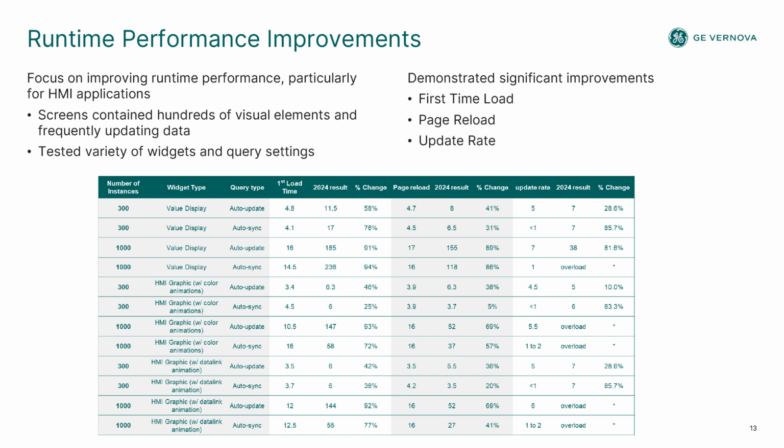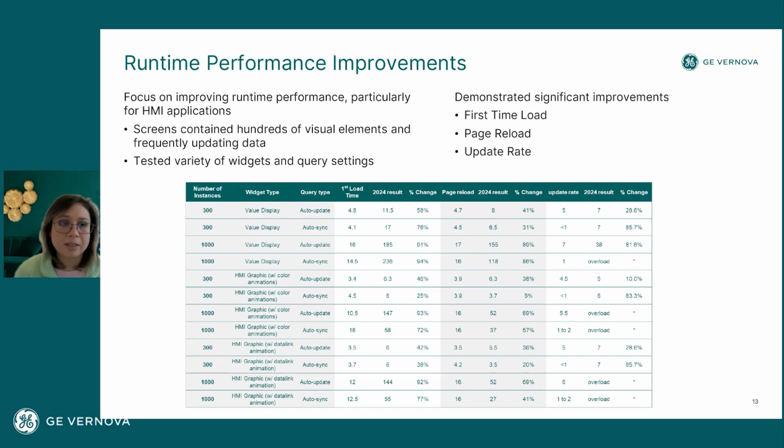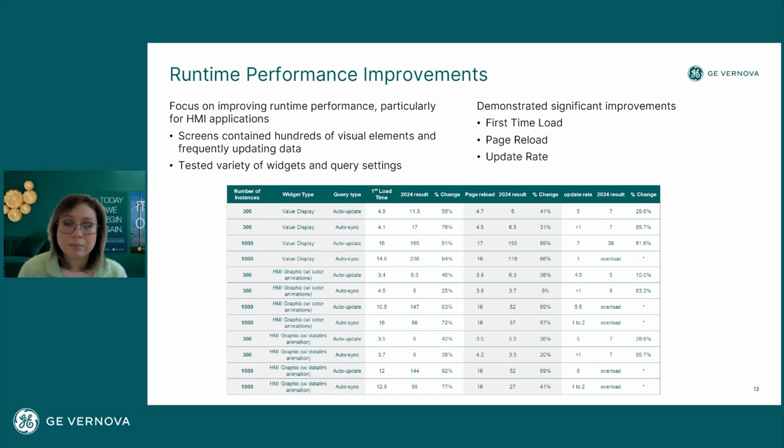And we also focused our enhancements specifically to Proficy data sources, right? So iFix, Simplicity, and Historian. And you'll find here, just take a look at the table on the screen. We tested with hundreds of widgets. You can see that there are numbers here in different scenarios ranging from 300 widgets to 1,000 widgets.